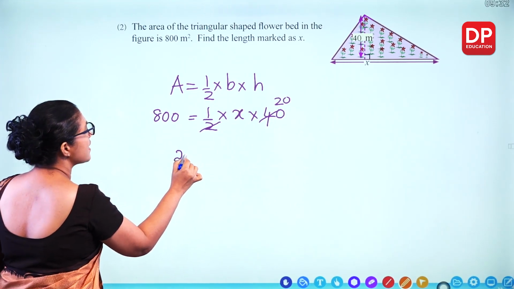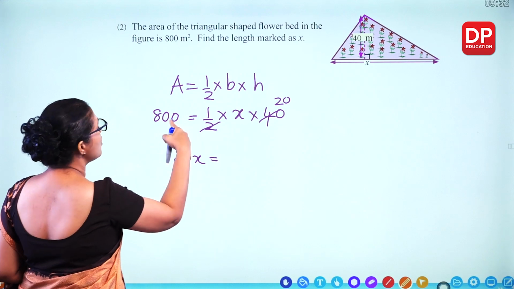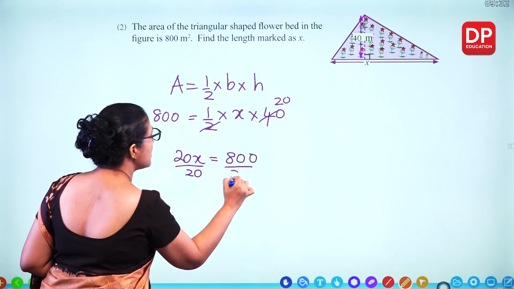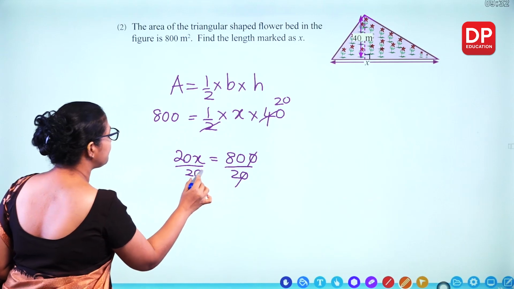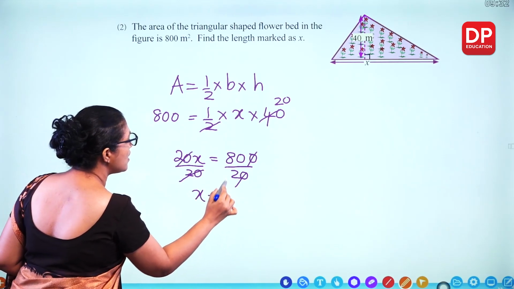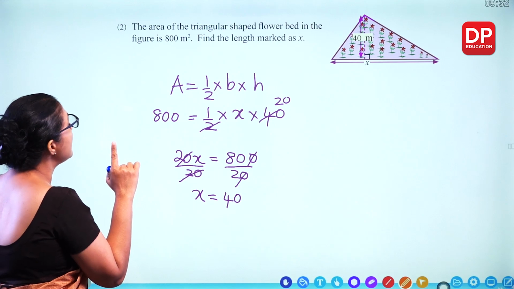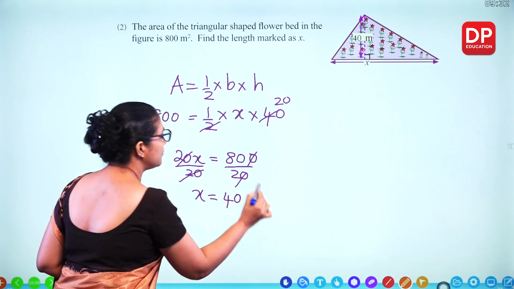So 20x is equal to 800. Divide this by 20. You get x equals 40. So what's the length? 40 meters.